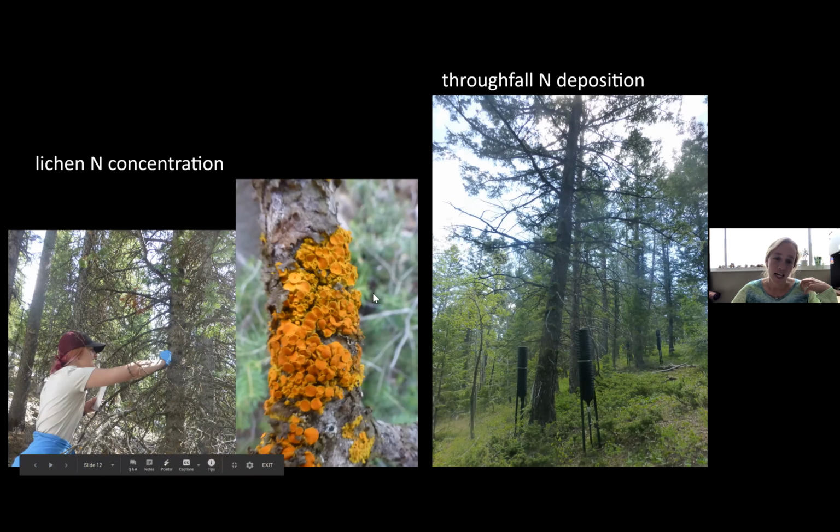And then at the same sites, we're collecting these lichens. This is one of my students, McKenna Hill, out collecting. She's carefully, with gloves, pulling the lichens off the trees and gathering them. And we're collecting a few different species, this orange one and also this brown one. And then the idea is once we correlate them, we could go anywhere and collect the lichens and be able to use this relationship to infer the throughfall nitrogen deposition.